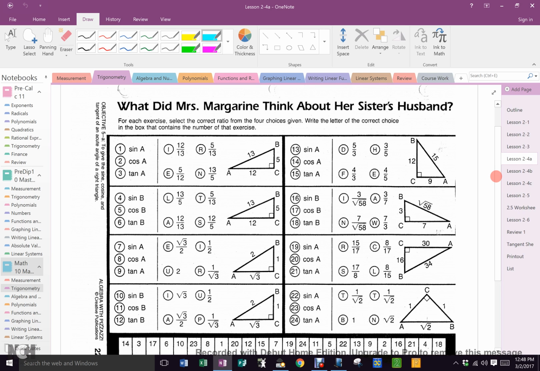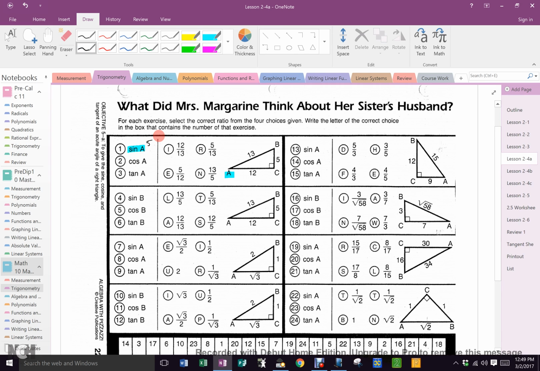Okay? So let's look at this first one. Sine A. What finds me sine? Opposite over hypotenuse. In this triangle, where is A? Right there. What is opposite to A? 5. So 5 must go on the top.